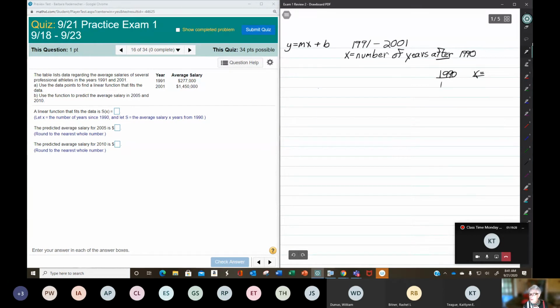So year, I should have put year there. So 1990 is going to be year 0. x is going to equal 0 because that's the beginning year. Now x is the number of years after 1990. So 1991 is going to be year 1 and 1992 is going to be year 2 and so on.